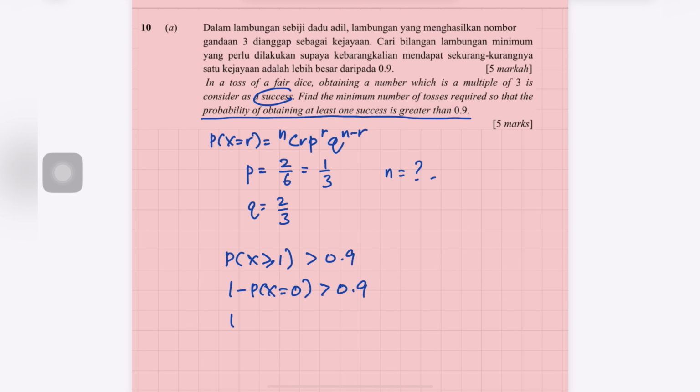So we substitute using the binomial formula. n is unknown. So nC0 times 1 over 3 to the power of 0 times 2 over 3 to the power of n minus 0 is more than 0.9.